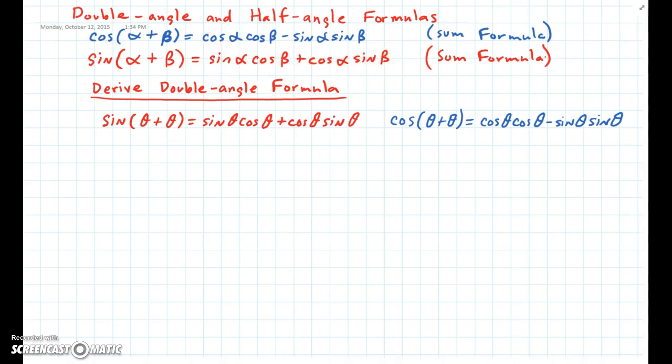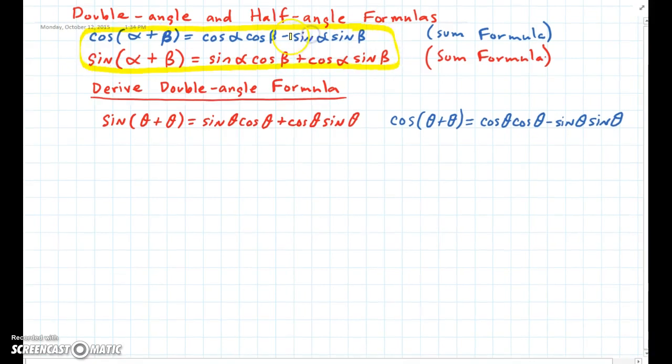So we're going to use these sum formulas to derive our double angle formulas. Let's start with sine. Instead of sine of alpha and beta, I'm going to do sine of theta plus theta, which gives me sine theta cosine theta plus cosine theta sine theta.